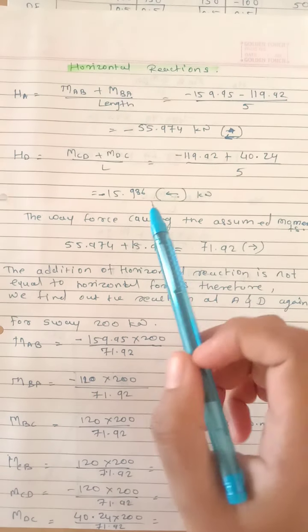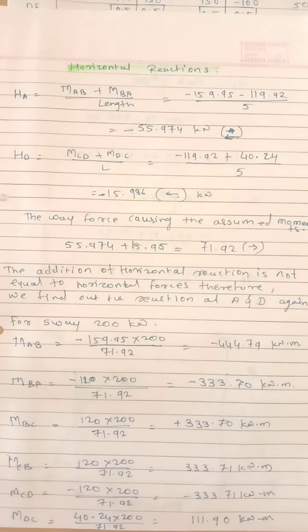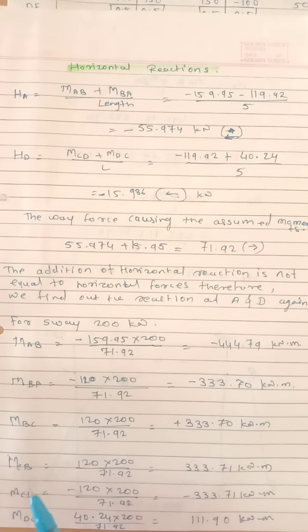The next step is to find the horizontal reactions. As a check, the addition of the horizontal reactions should equal the horizontal force, that is, the horizontal reaction at point A and at point D is equal to the horizontal force at member B, which is 200.